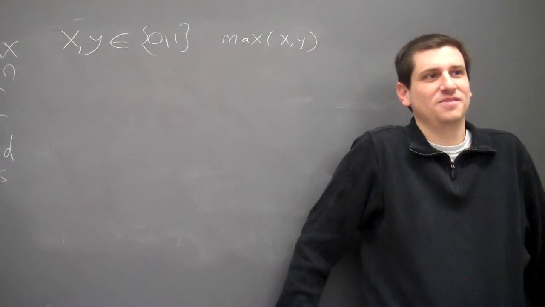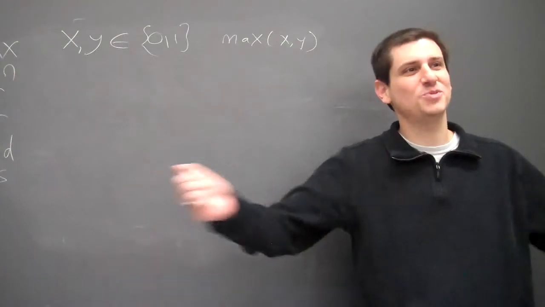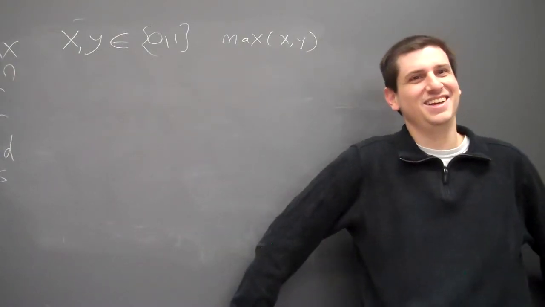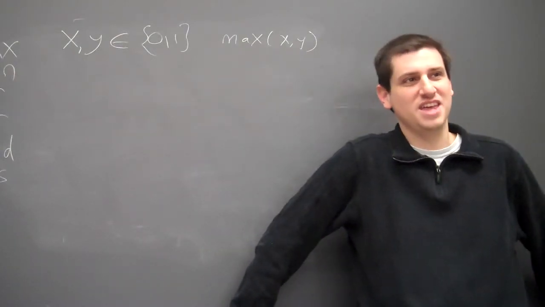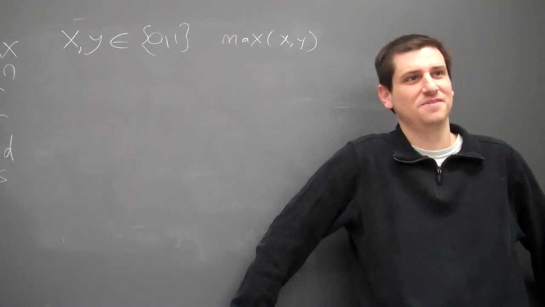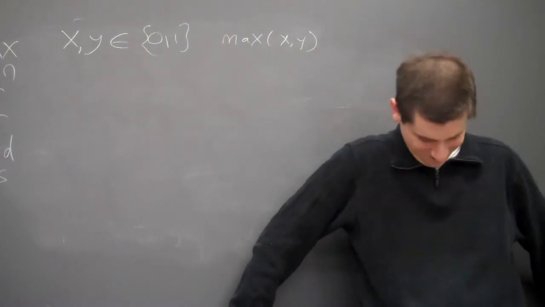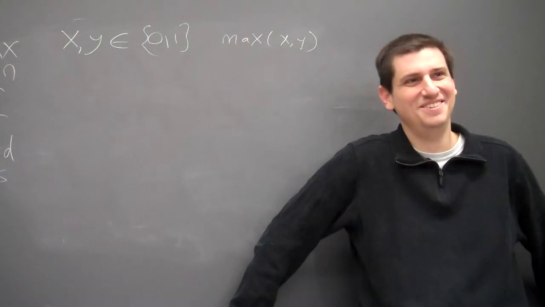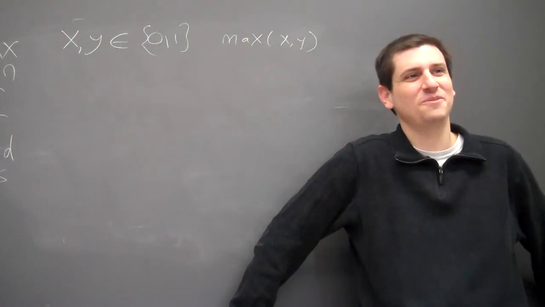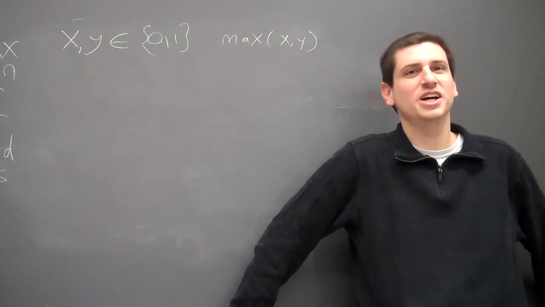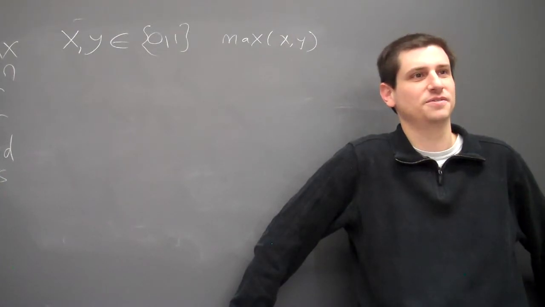At least one of them is 1. Go back to the bigger one. If z is the maximum of x and y, then y cannot take a value greater than z. So how do you tell if z is the maximum of x and y?